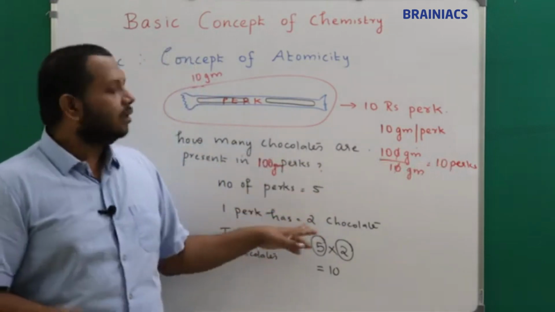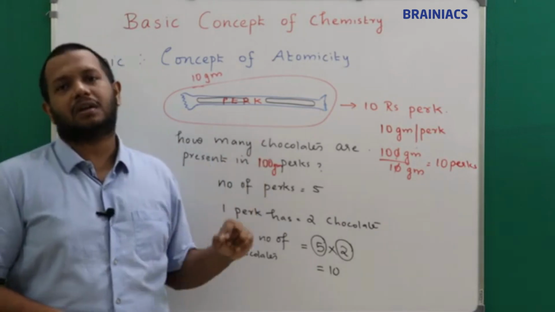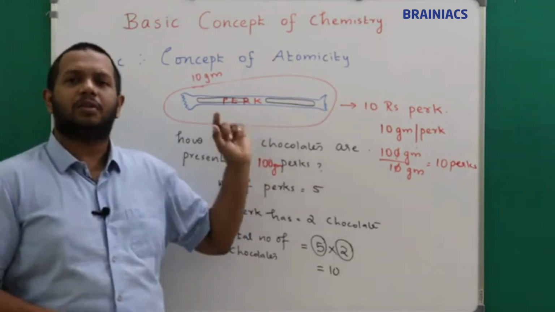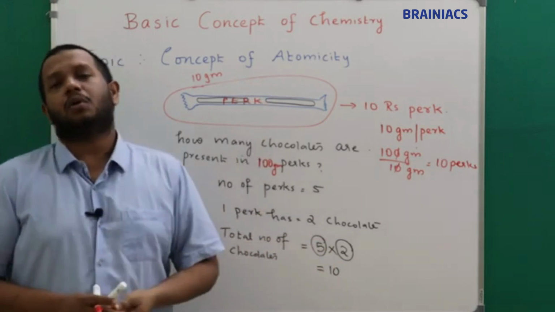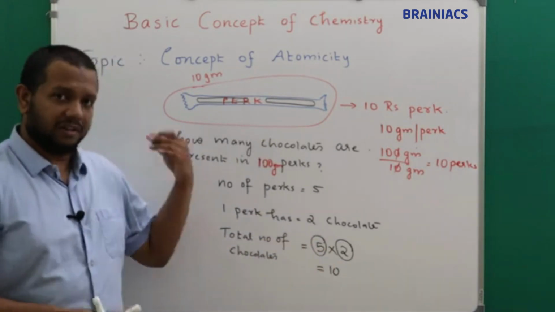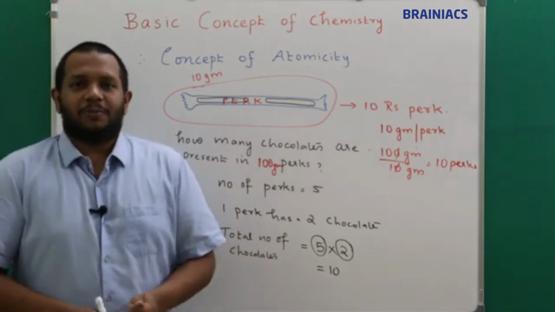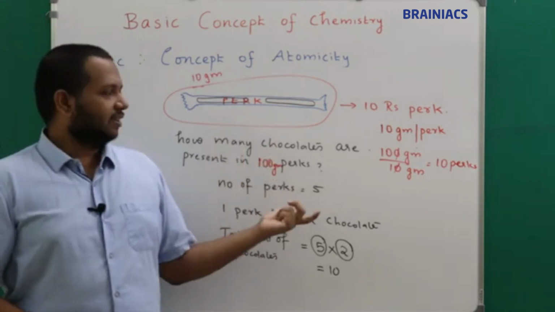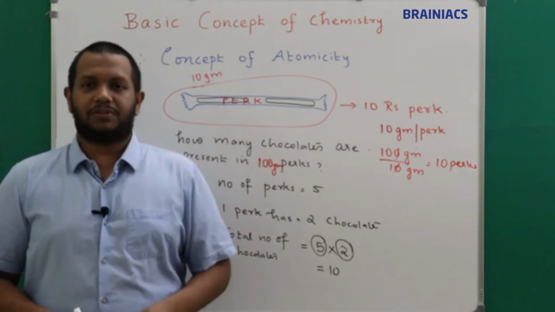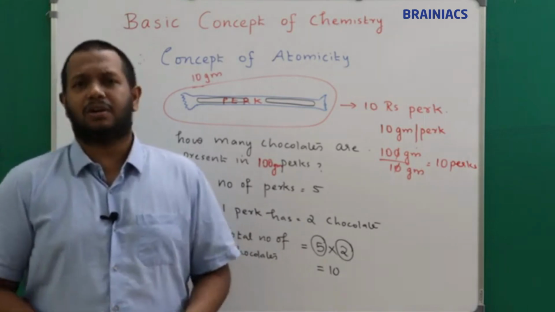Then calculate the atomicity, that means for one pack how many are there. Similarly, calculate the atomicity of that particular molecule. Then multiply these two to get the total number of atoms, in chemistry here, the total number of chocolates. I hope with this example you have got a fair idea what this concept is all about. Next we will start doing some questions, and with that you will get a complete clear picture.